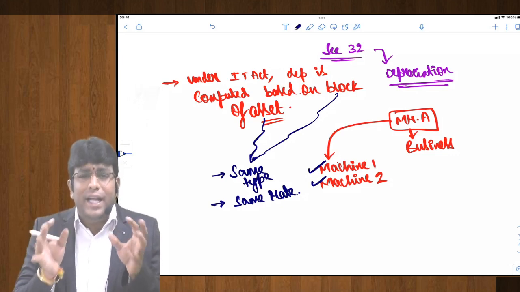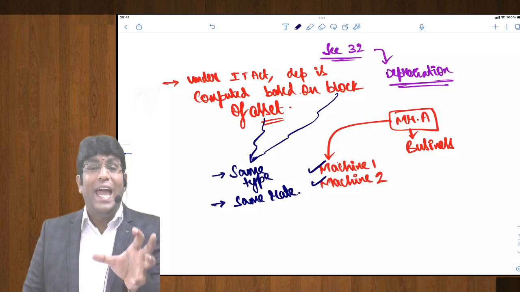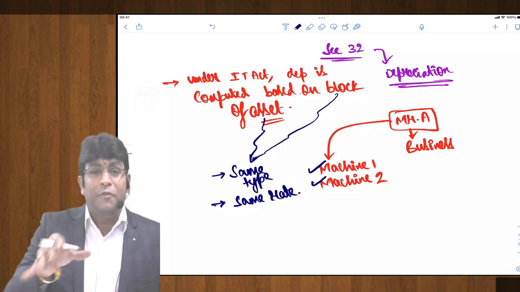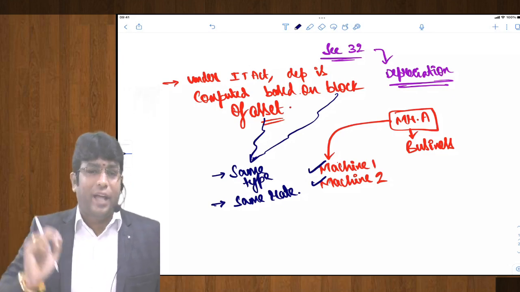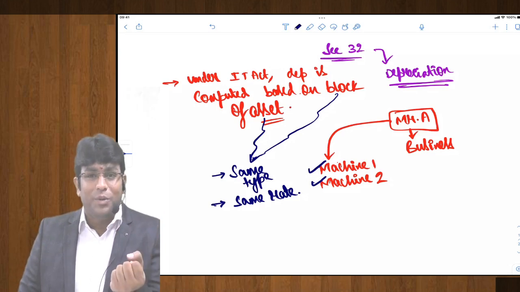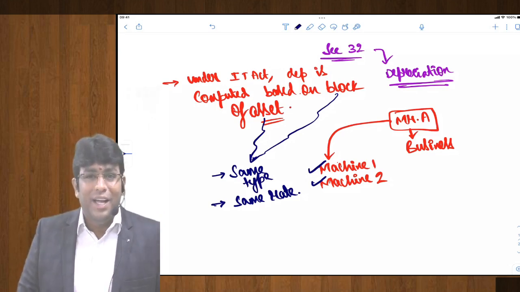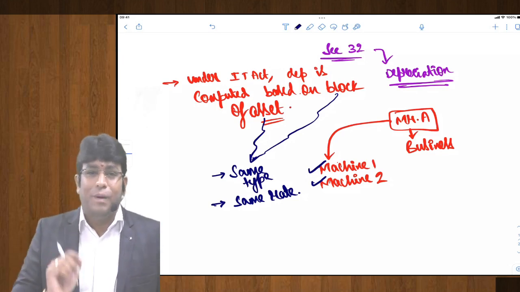The fundamental reason why we charge depreciation is because of efflux of time. When I say efflux, that means passage of time. As the time passes by, the utility will come down. The utility that is there at the beginning will not be there subsequently. So let's take an example, one AC you purchased.